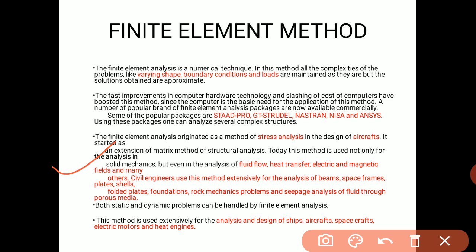Today this method is used not only for solid mechanics but even for the analysis of fluid flow, heat transfer, and electric and magnetic fields. Civil engineers use this method extensively for the analysis of beams, frames, plates, shells, folded plates, foundations, rock mechanics problems, and seepage analysis of fluid through porous media.